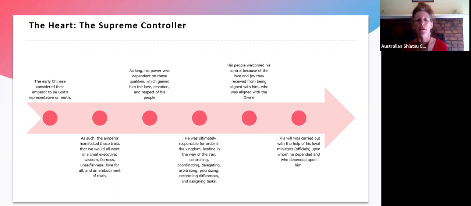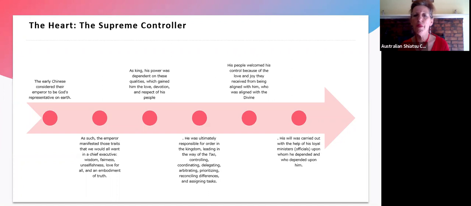So ultimately, the controller, the heart, was responsible for order, leading in the way of the Tao, controlling, coordinating, delegating, arbitrating, prioritizing, reconciling differences, and assigning tasks.